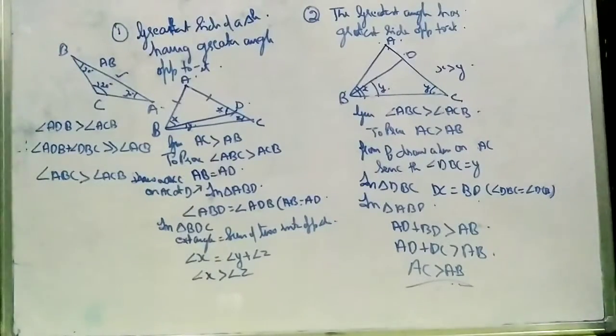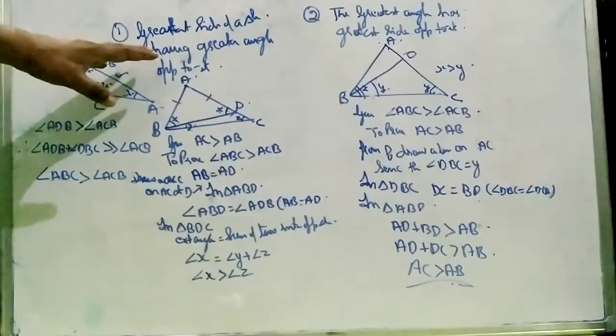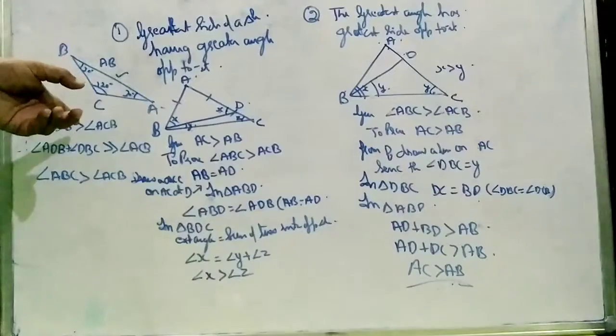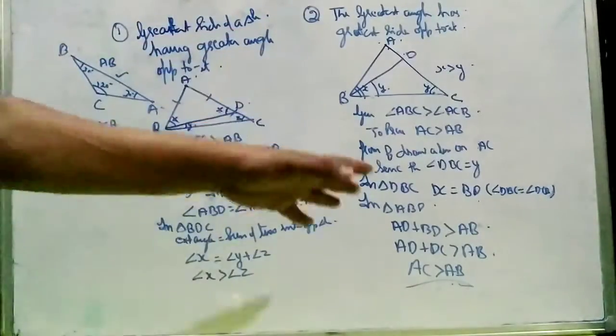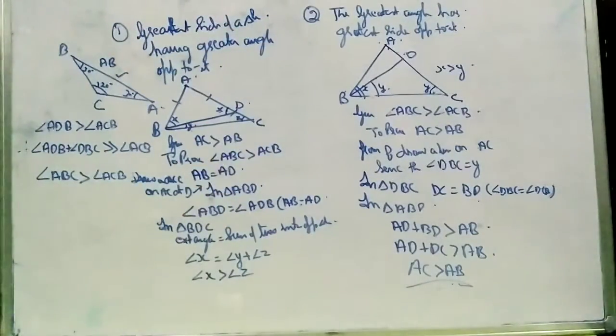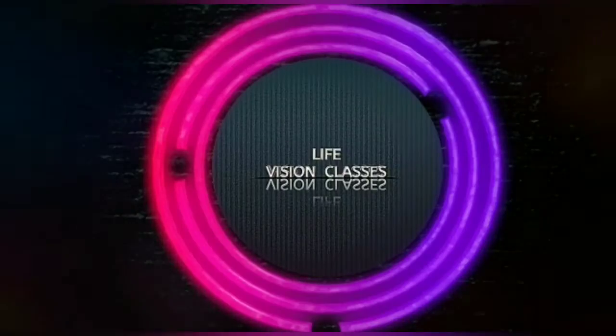So these are the two properties of inequalities in a triangle: first, the greatest side has the greatest angle opposite to it, and the greatest angle has the greatest side opposite to it. Then we will come to the next part.